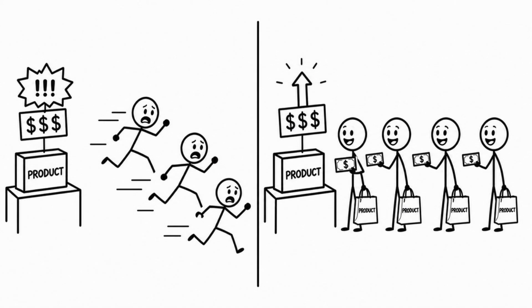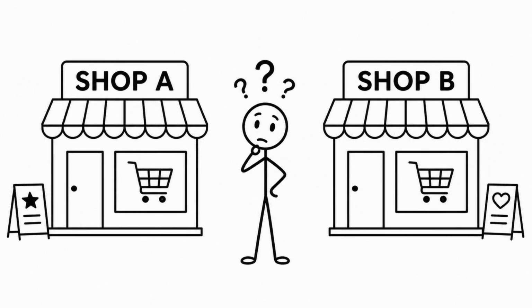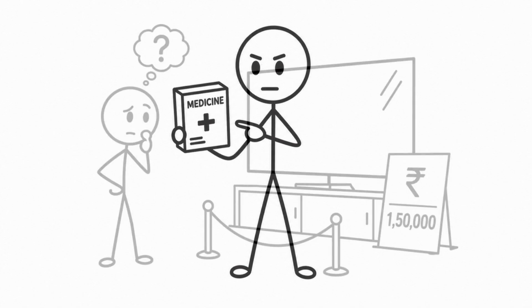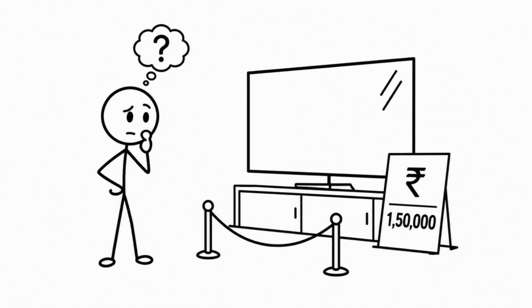This happens because of four main reasons. First, availability of substitutes. The more alternatives people have, the more likely they are to switch, making demand more elastic. Second, necessity versus luxury. Necessities like basic food or medicine tend to have inelastic demand, while luxury items are more elastic.